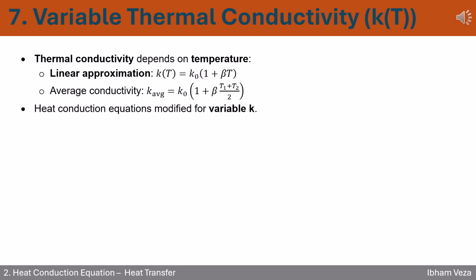For practical use, we calculate an average conductivity, especially in problems with large temperature differences. This approach keeps calculations manageable while accounting for real-world material behavior. Always check if your system involves variable K. It can significantly change your heat transfer predictions.